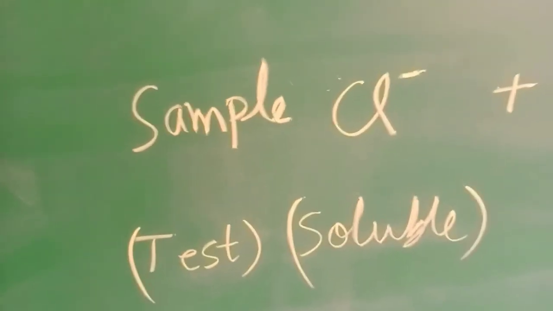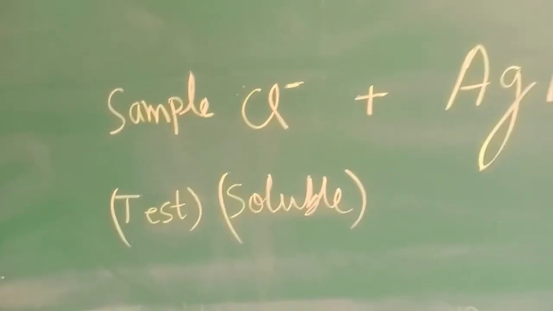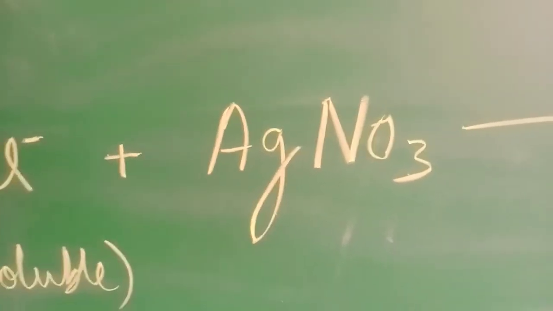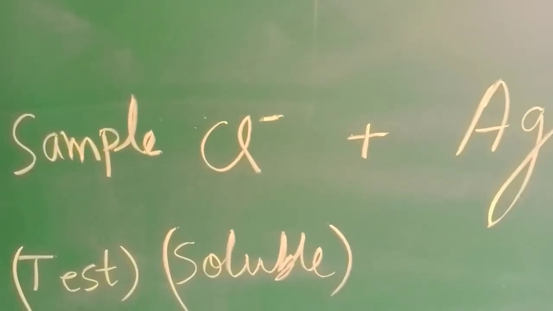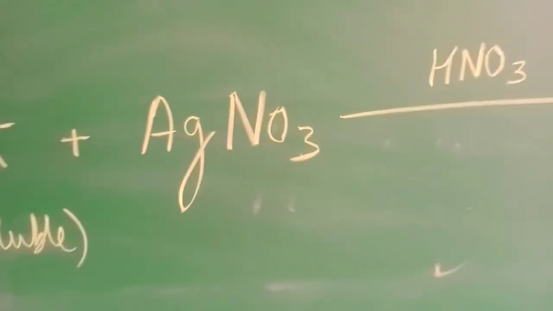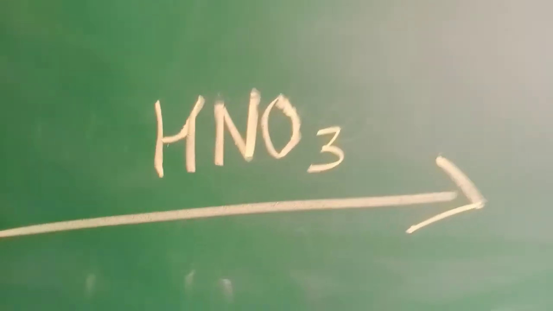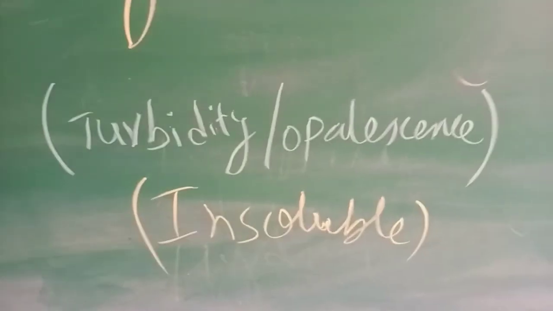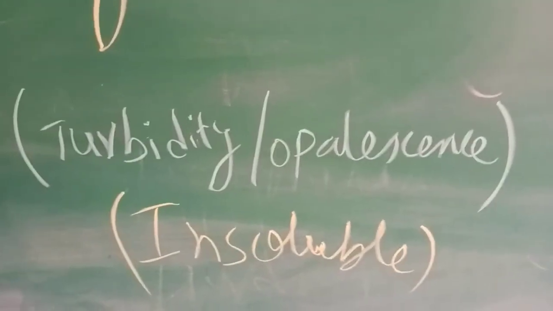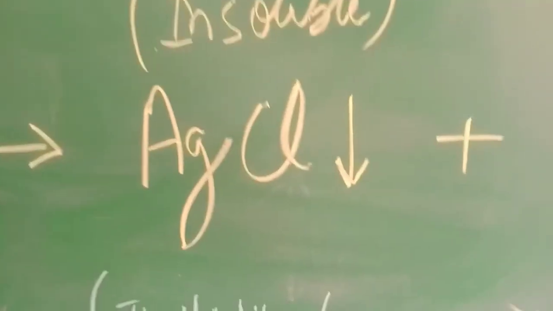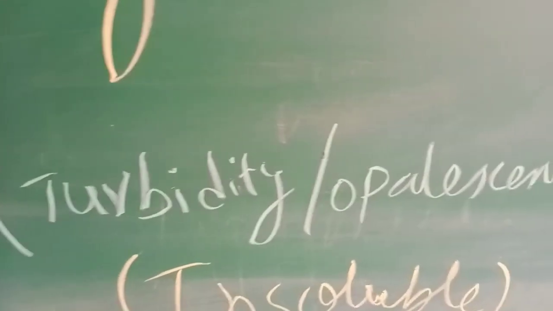So again, as in case of the standard solution, silver nitrate is added to the sample which contains a defined quantity of well dissolved sample, and when the overall content is acidified with the help of nitric acid, again the same phenomenon will happen, that is the silver chloride gets precipitated out due to its low solubility in acidic solution, and because of this, the silver chloride is responsible for formation of turbidity or opalescence.